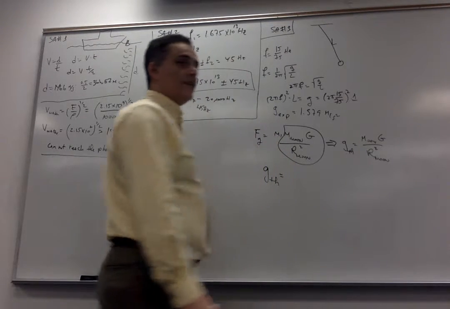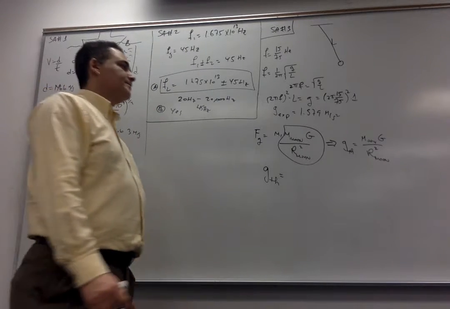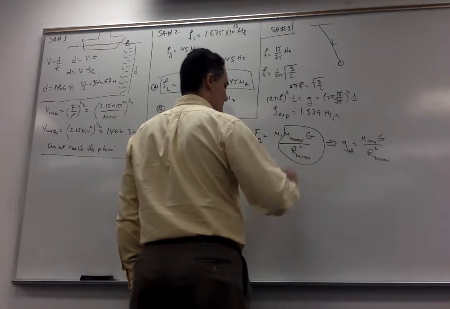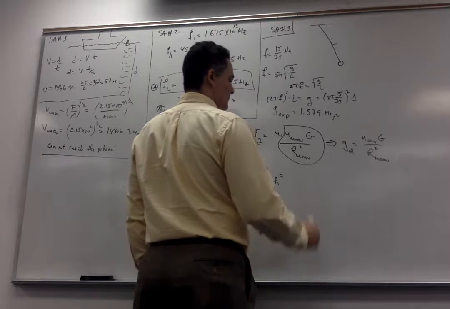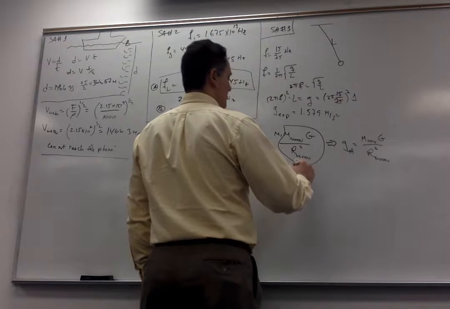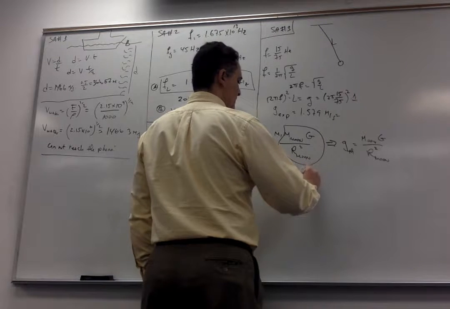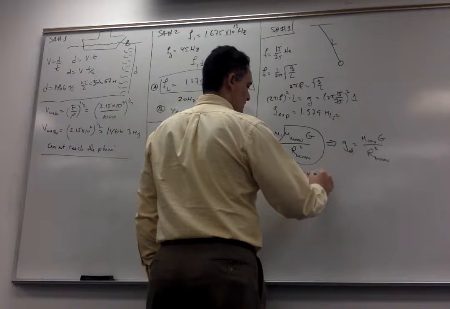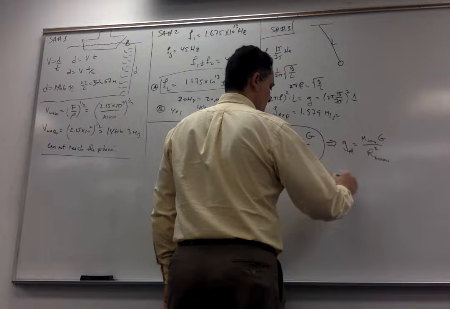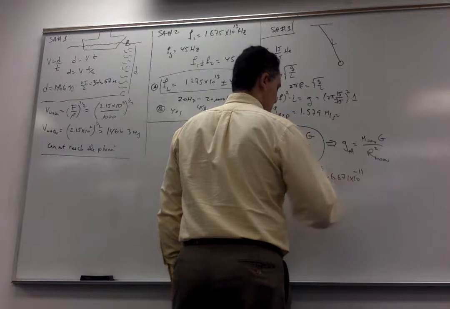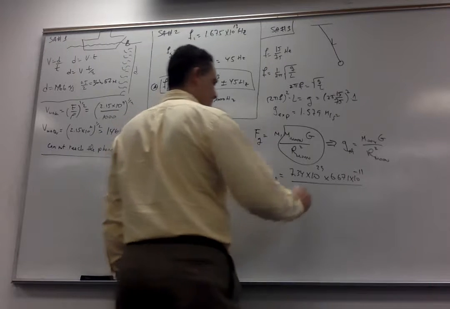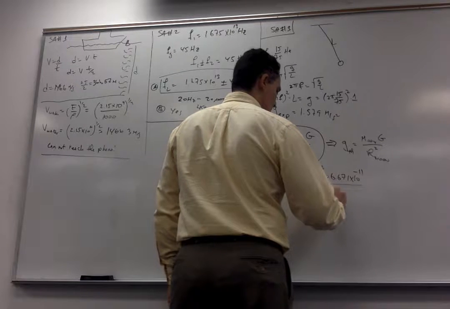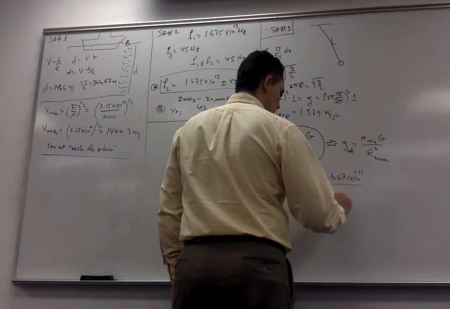So g theoretical is going to be, the mass of the moon is given, right? What is it? The mass of the moon is 7.34767309 times 10 to the 23rd. What's the radius of the moon? 1738.1 kilometers.